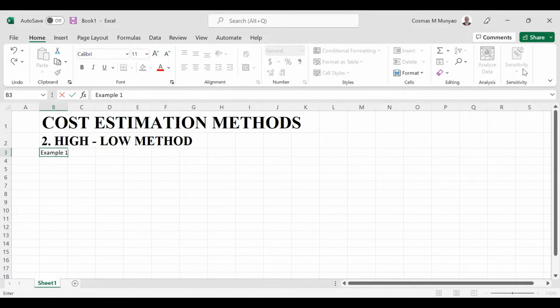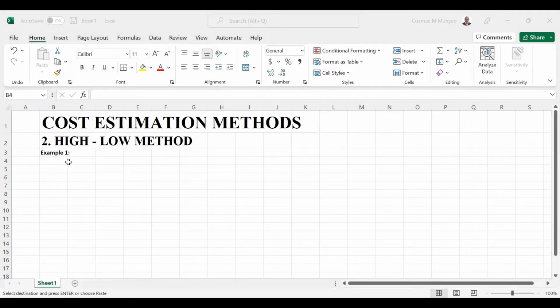Because we are using Excel, I want to format this, and then I will bring in one question here.